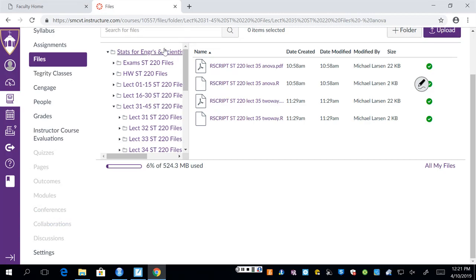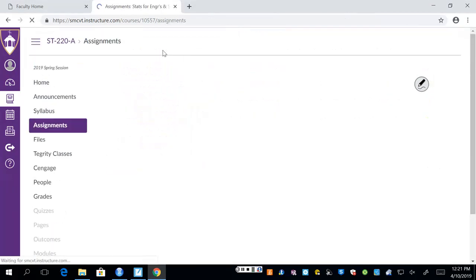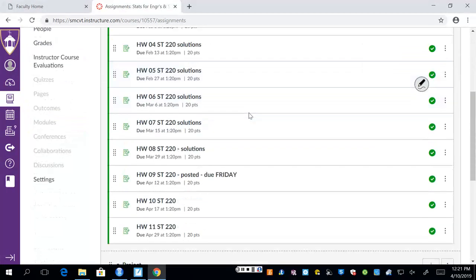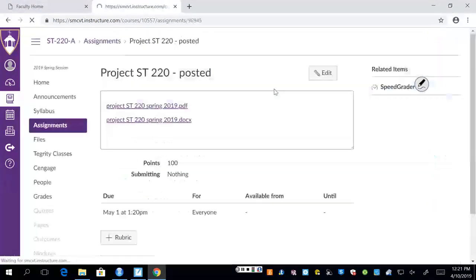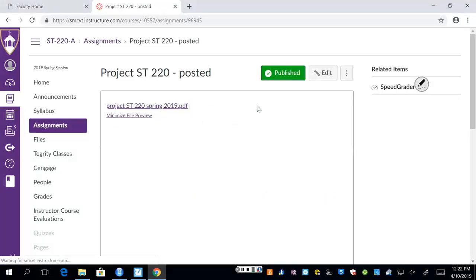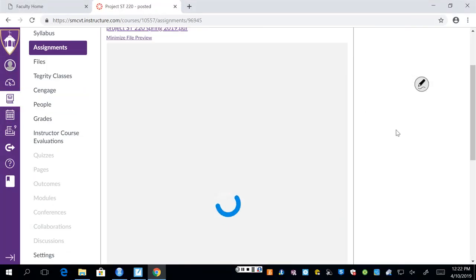So here's under assignments, under the projects, this thing is posted here. And when that shows up, there were a couple of links in there to data sets.